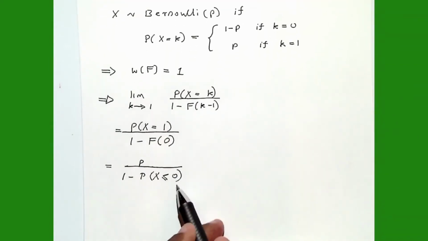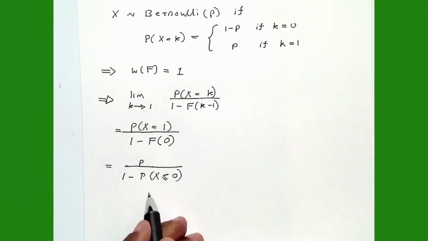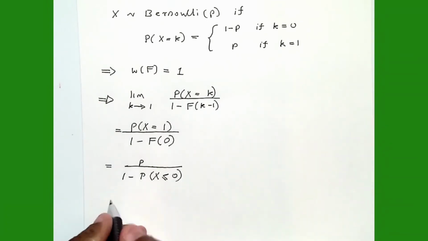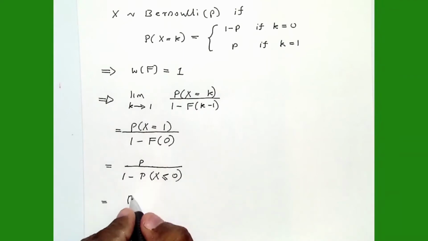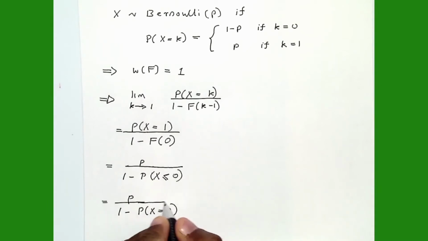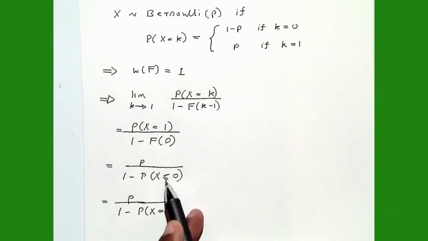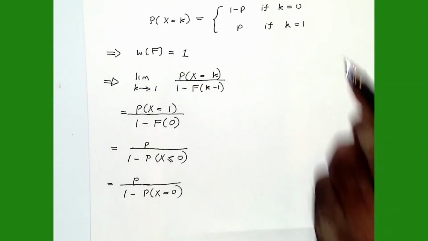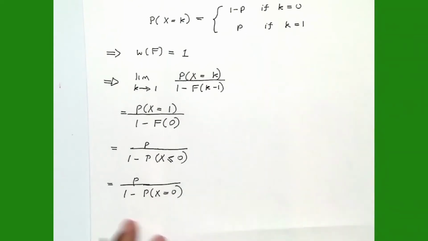The only value x can take is either 0 or 1, so the probability that x is less than or equal to 0 is simply the probability that x is equal to 0, because there's no other value it can take apart from 0 or 1. So x less than or equal to 0 means x must be 0, and the probability x equals 0 is 1 minus p.